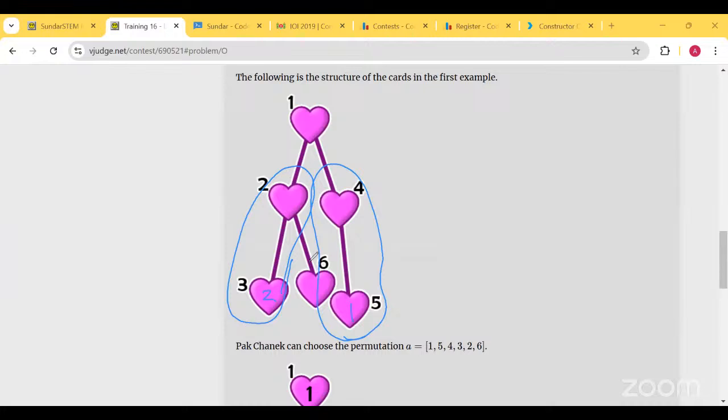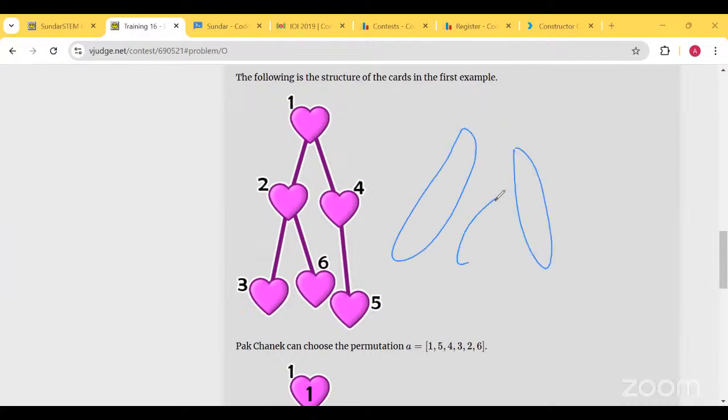And we also cannot take here because if we make 3 here, if you want to take 2, it means we should take this first. All right. So we are just choosing some chains, creating some chains so that for each head of the chain, one cannot be the ancestor of the others.